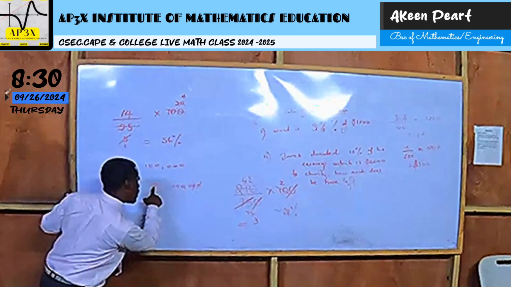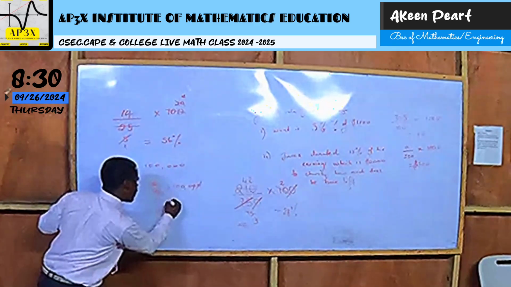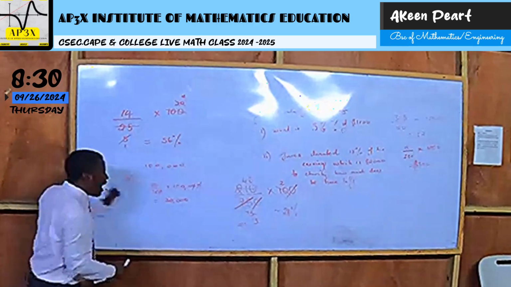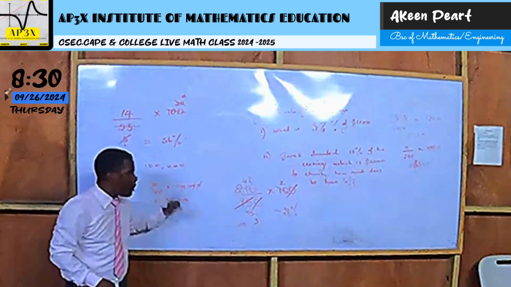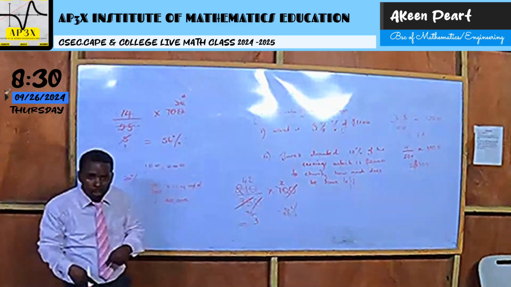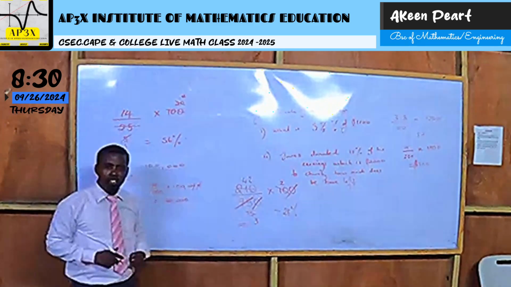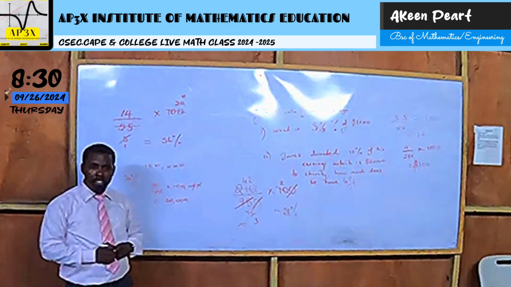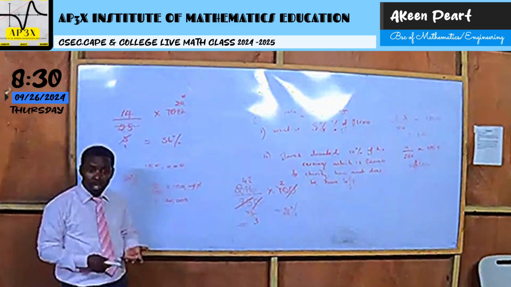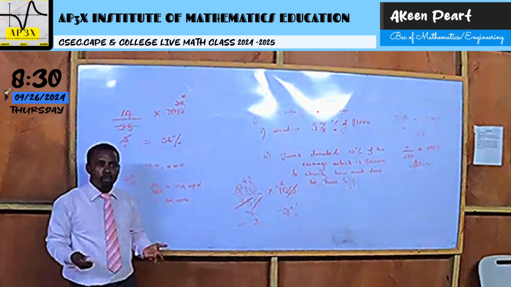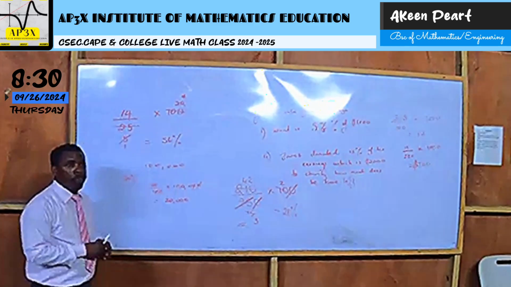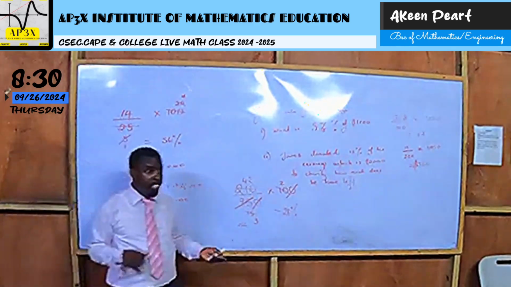Then I add the $20,000 back onto the money you borrowed, and that's the amount you have to pay back in 1 year. So I'm going to divide that amount by 12 and say, okay, that's the amount you must pay monthly. That's the way. So percentage is done every day.